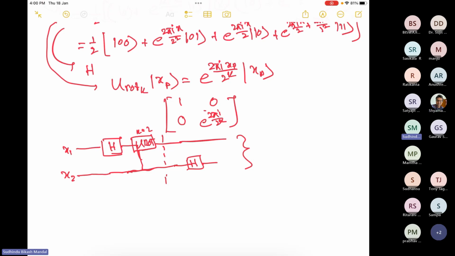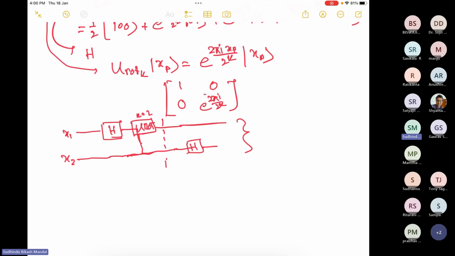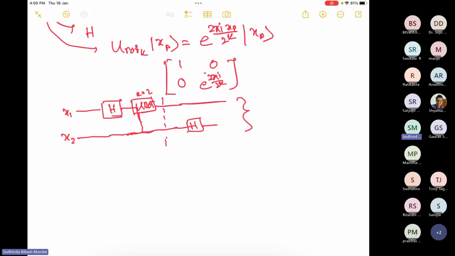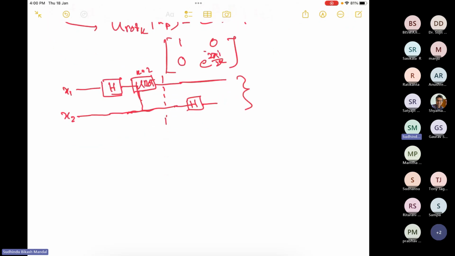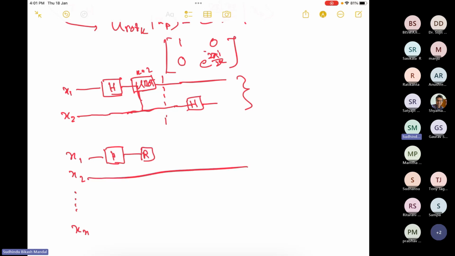Okay. So this one is our 2-qubit QFT. From this intuition, you can build up your n qubit. I'm just giving the intuition; after doing the computation, you can generate it yourself. X1, X2, up to Xn. So for the n qubit circuit there will be the Hadamard, and you have to put an R for rotation gate, controlled from this, and the k value will be here too.